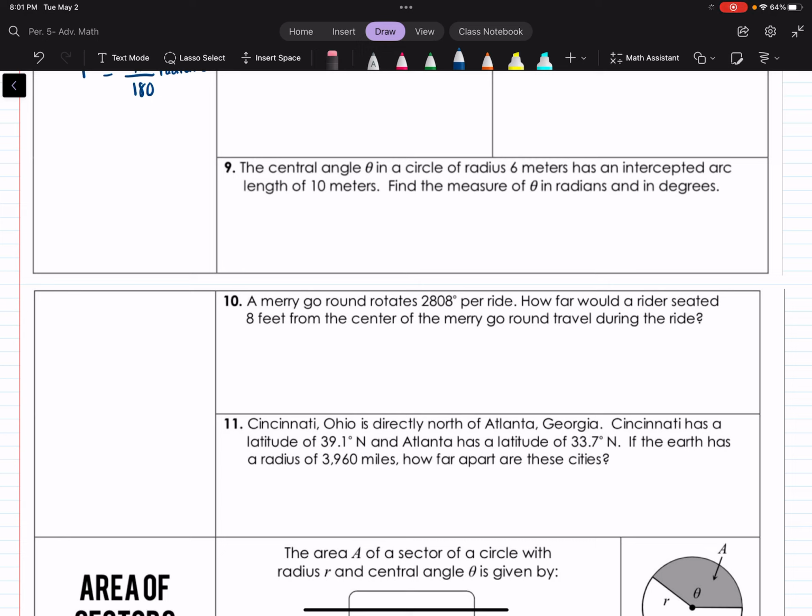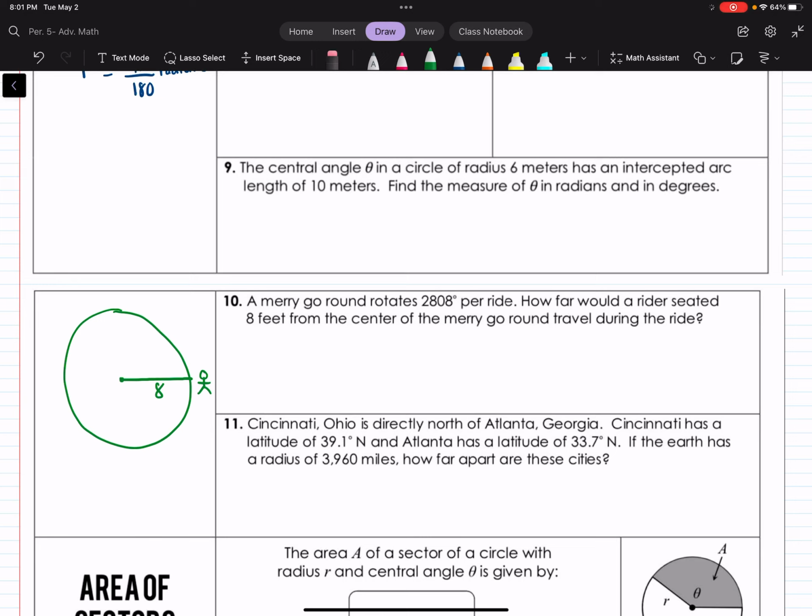So essentially, it might help you to draw a picture here. You know that merry-go-rounds are circular rides. And we're given that we have a rider that is seated 8 feet from the center of the circle. So here's our little rider going on the merry-go-round, and this person is 8 feet away from the center. And we know that this person is going to be going around at an angle of 2,808 degrees per ride.